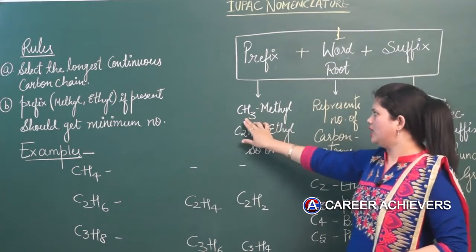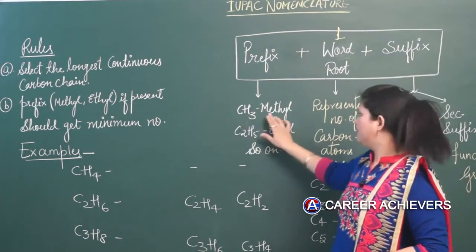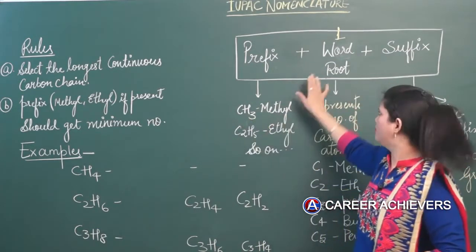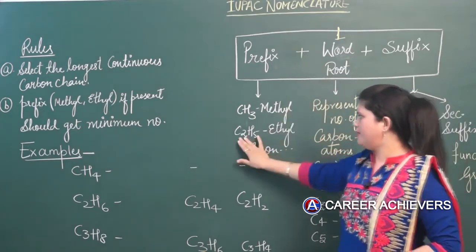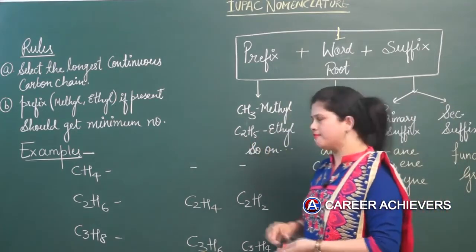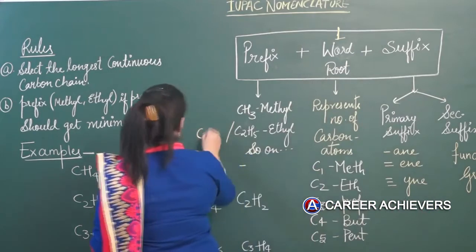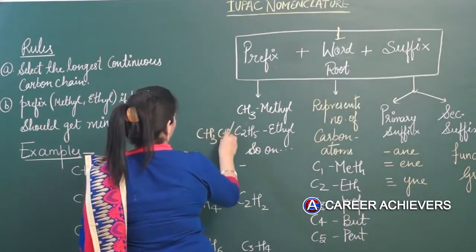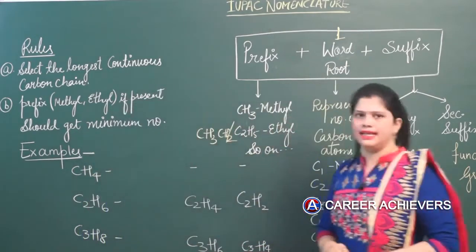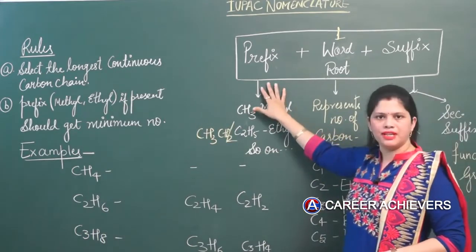If you have left only one carbon as CH3, it would be called methyl and it would be written before the word root. If it is left as C2H5, which can be further written as CH3CH2, this is called ethyl. I hope I have made the prefix part clear.